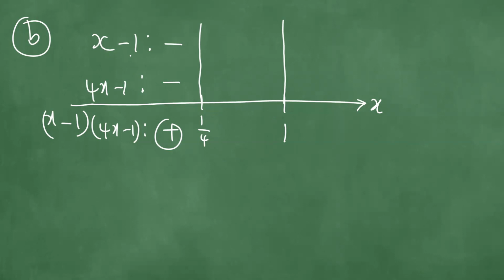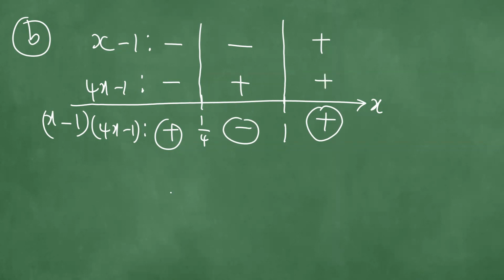So 0.9 minus 1 is clearly negative. And here you will surely get a negative if you put 0.9 by 4 minus 1. Bigger than 1, you can pick any number, for example 10. 10 minus 1 is positive, and 4 by 10 is 40 minus 1 is 39, positive. So here you have a positive, and here you have a negative, like so.